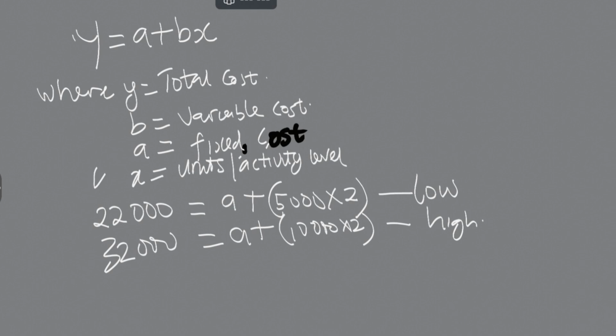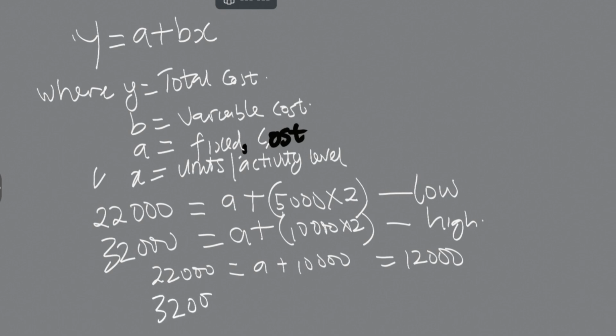Calculating it, we have 22,000 equals a plus 10,000, which will give us 12,000. And 32,000 equals a plus 20,000, which will also give us 12,000.